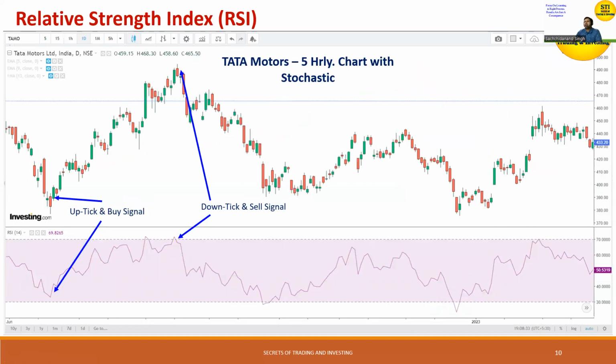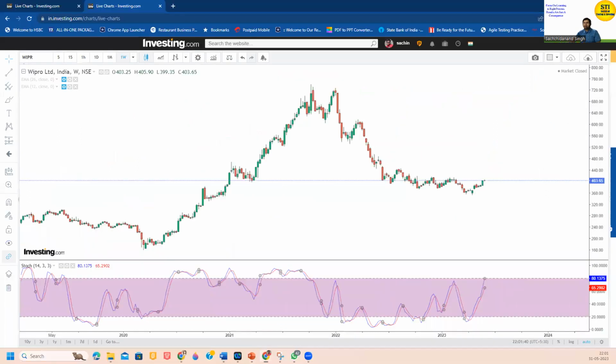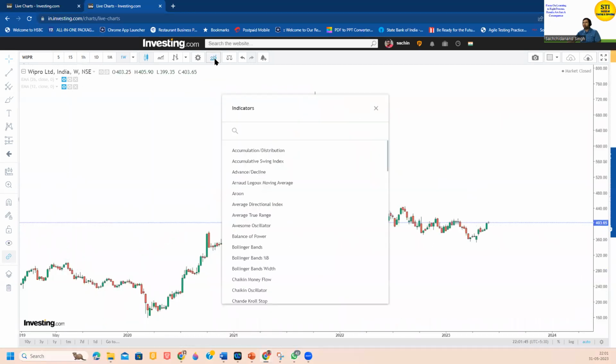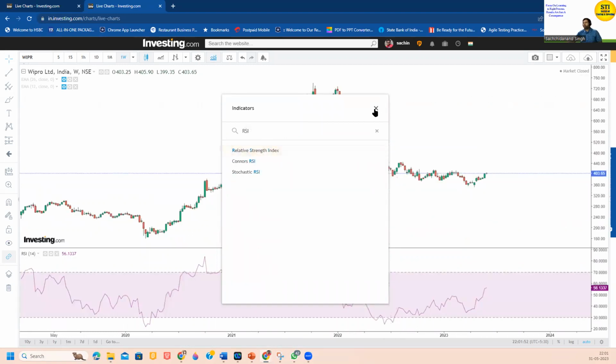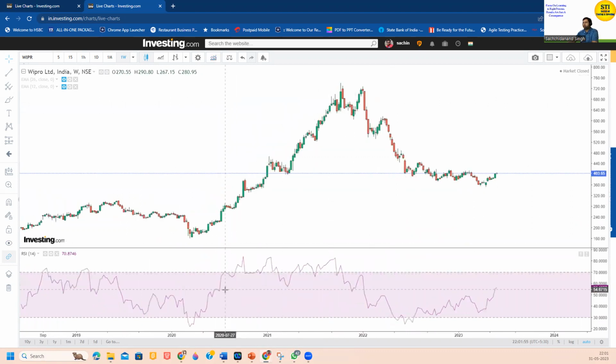Next one is called Relative Strength Index, RSI, one of the most powerful indicators I have found, and I personally use this indicator a lot. From the chart perspective, how do we add it? If I close the stochastic here and go to the indicator list again and type just RSI, it will by default get added below the chart.